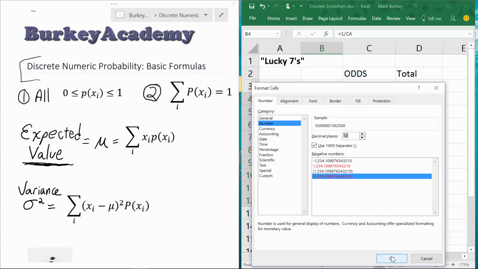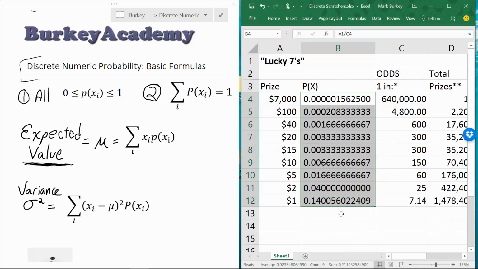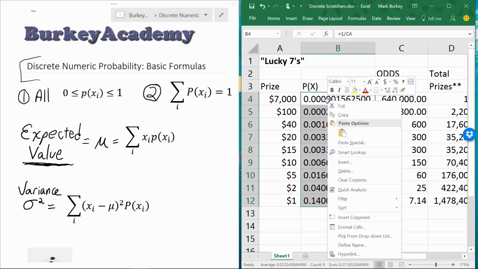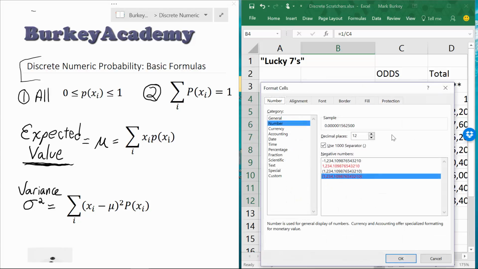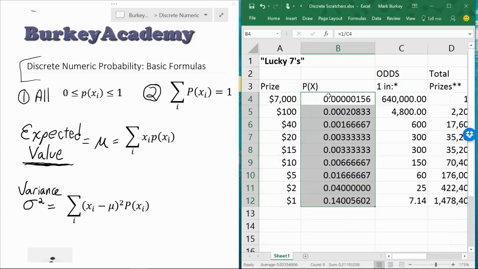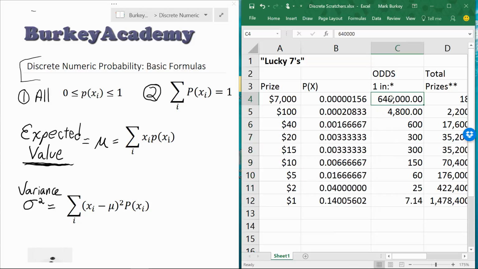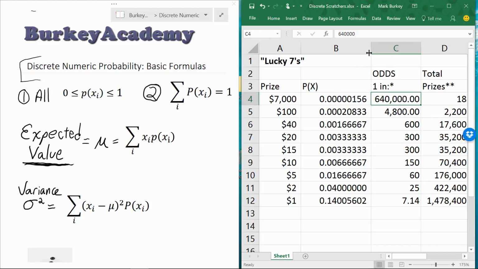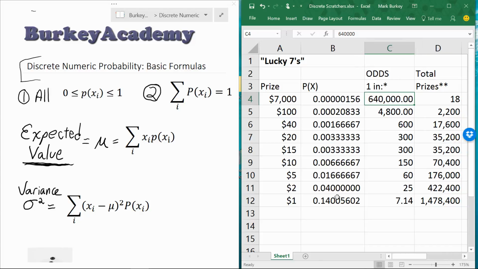So, okay. Let's see what 12 decimal places gets us. Okay, awesome. So now we can see what those probabilities are. That's actually probably a few too many decimal places for comfort, so let's just reduce that a little bit. Okay. I wanted to have plenty of decimal places so we could see some of these small probabilities, like 1 in 640,000 here.